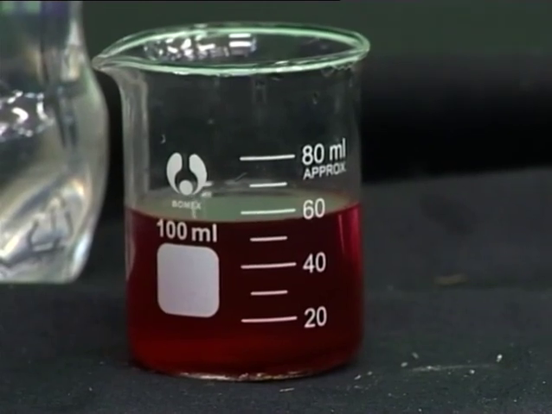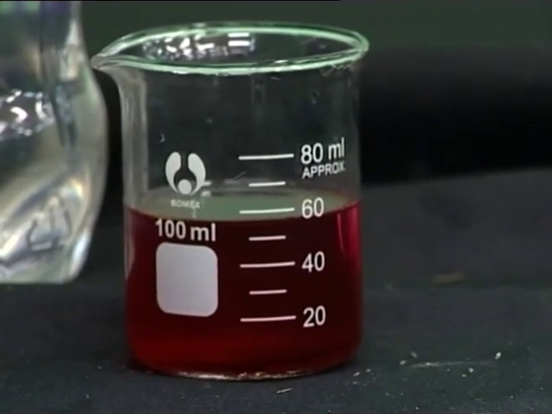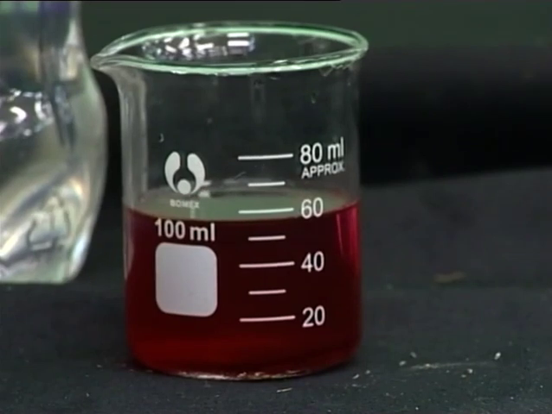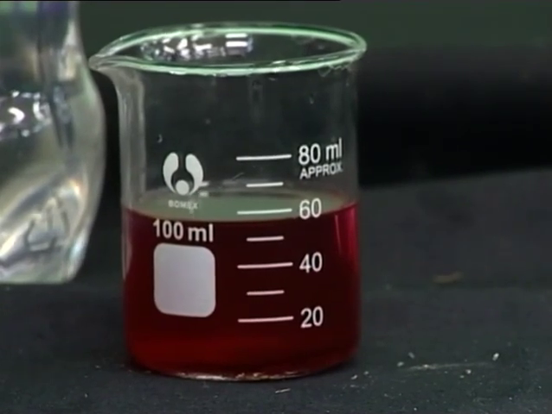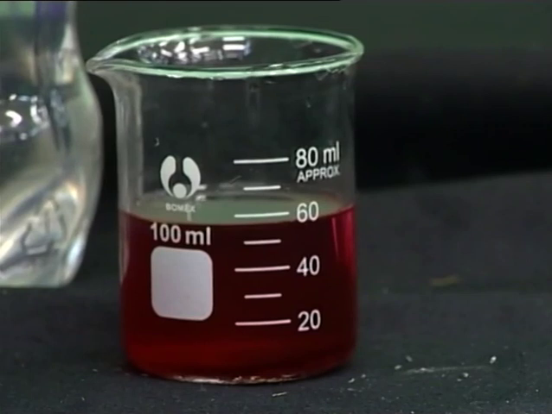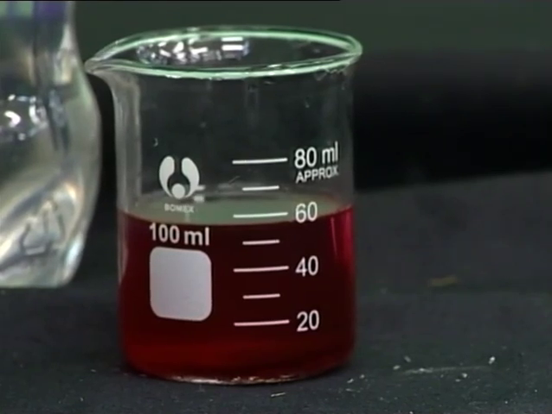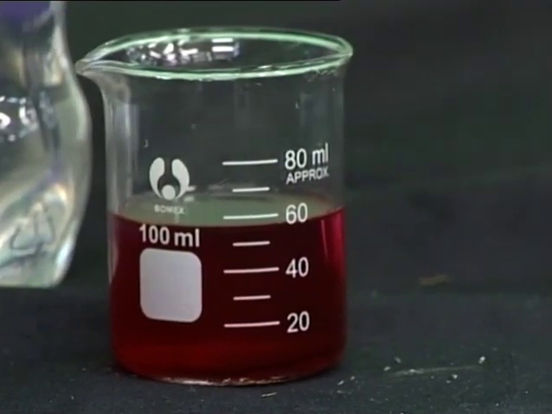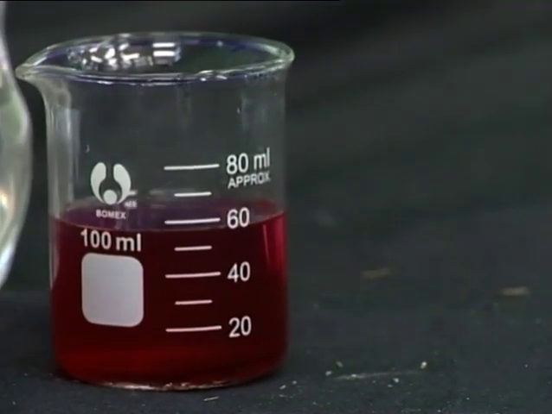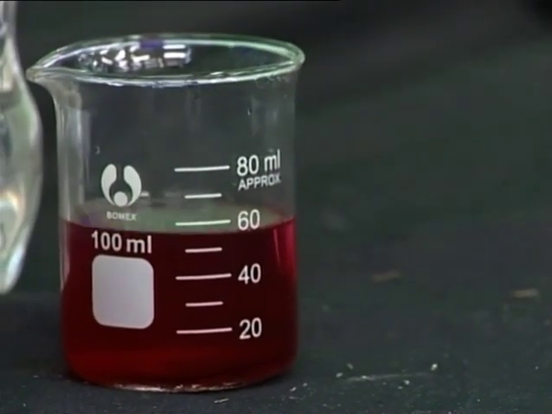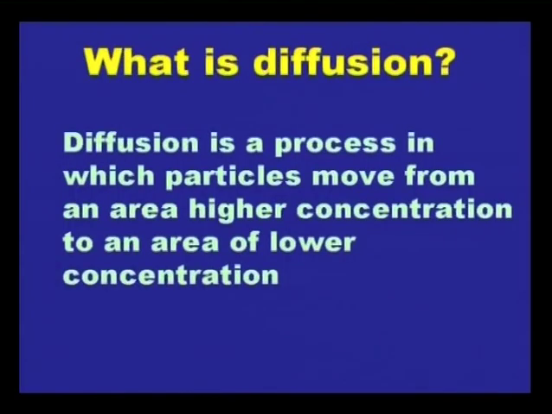Diffusion is a process in which particles move from an area of high concentration to an area of low concentration. Like, for example, what is happening on the screen there.